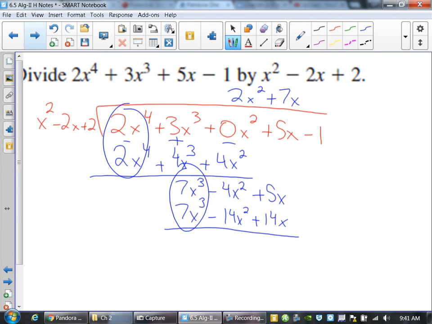Each time, that's all you're asking yourself to do. Then it's just distributive property. Subtract all 3 parts. And I think we get 10x squared minus 9x minus 1. When I bring down the next one. Now what?